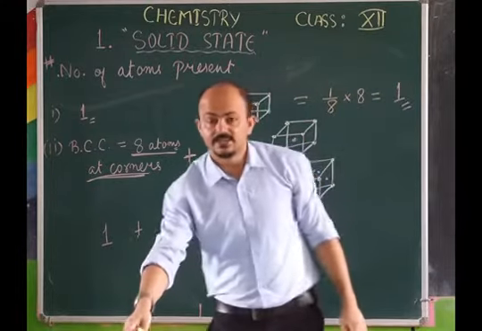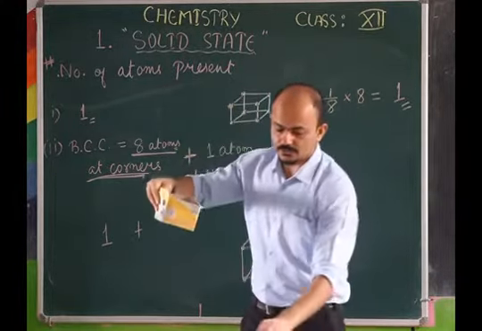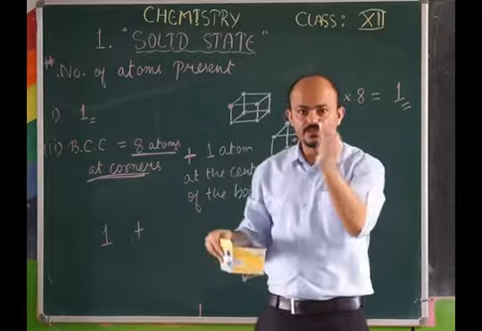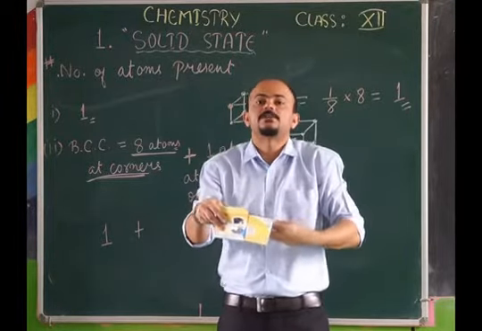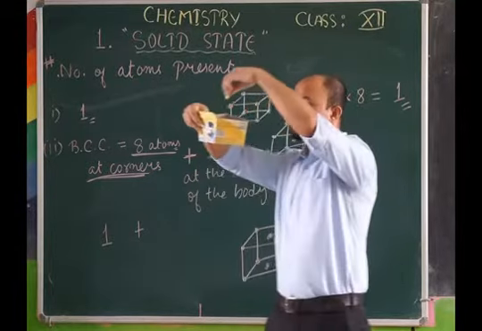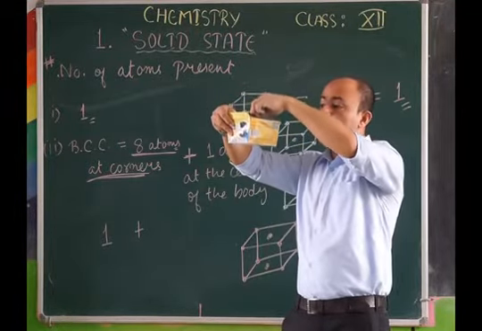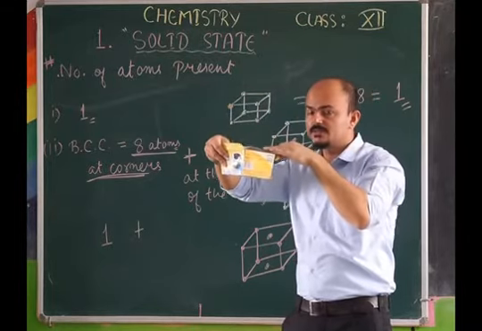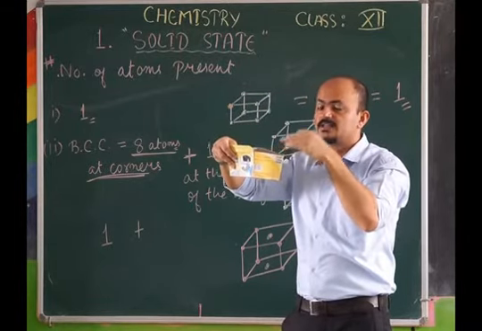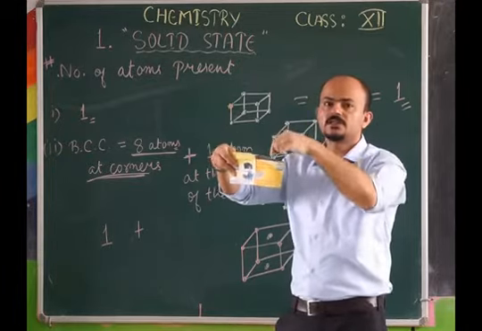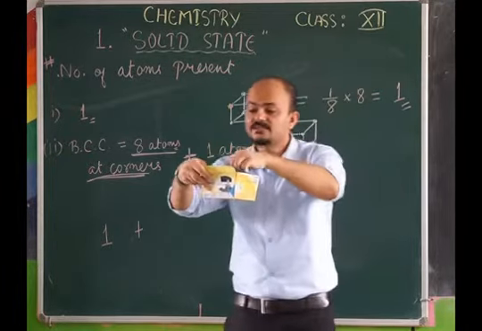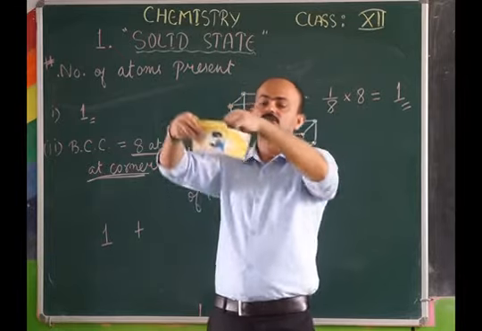Now see, to understand this, suppose this is the constituent particle, and it is present at the center, inside the body, which is deep inside. Will this particular cubic cell share this constituent particle with another unit cell? It's impossible, because it's present within the cubic unit cell.